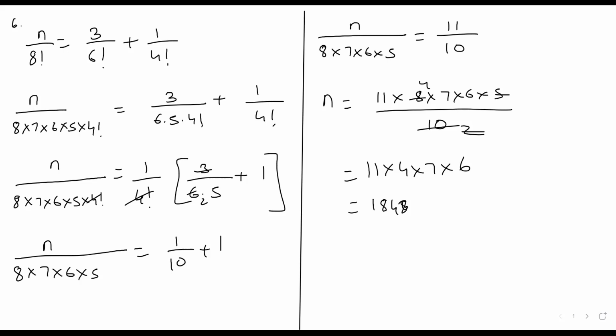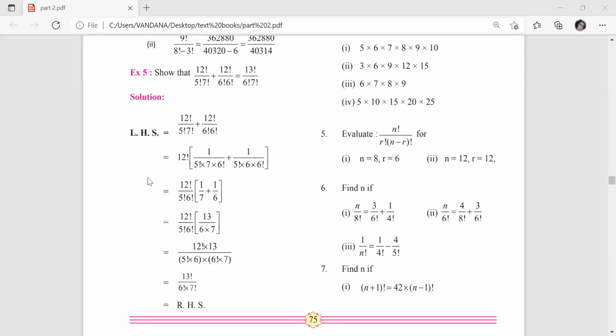Similarly, let us take the next one. If you multiply, you will get 1848. Second is n upon 6 factorial is equal to 4 upon 8 factorial plus 3 upon 6 factorial.